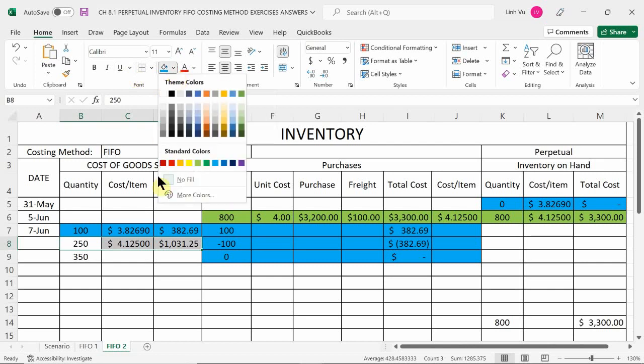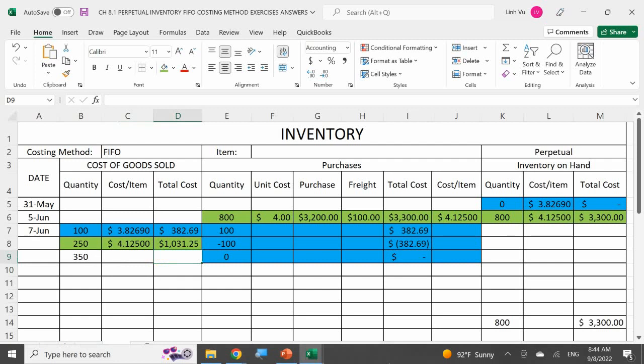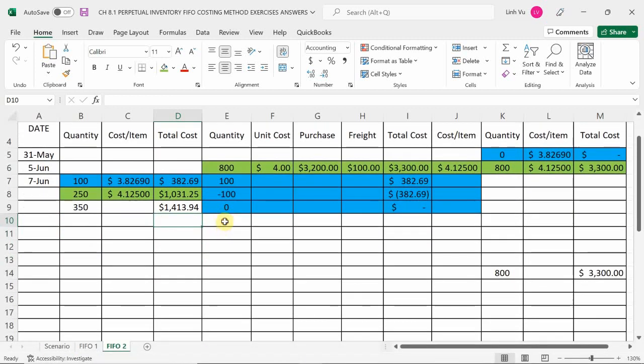Since I only have that green batch left anyway. So let's go ahead and tally up my totals here. For selling all 350 units, it's going to cost me $1,413.94.